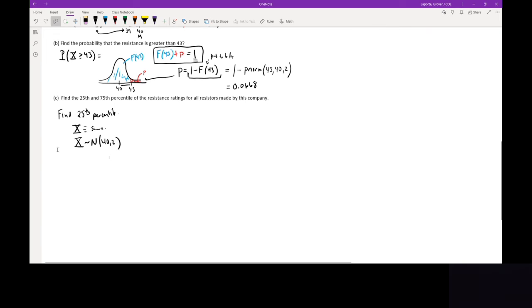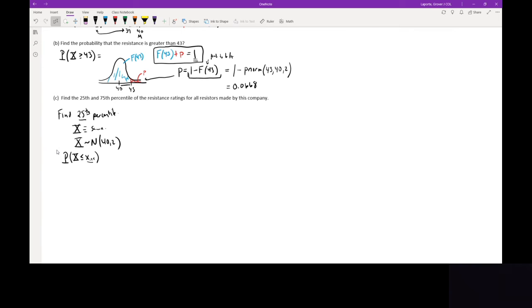But what we want to do now is find the probability that x is less than or equal to some number, and we're going to call this 0.25. So I don't know what this is, and I'm trying to find the 25th percentile.